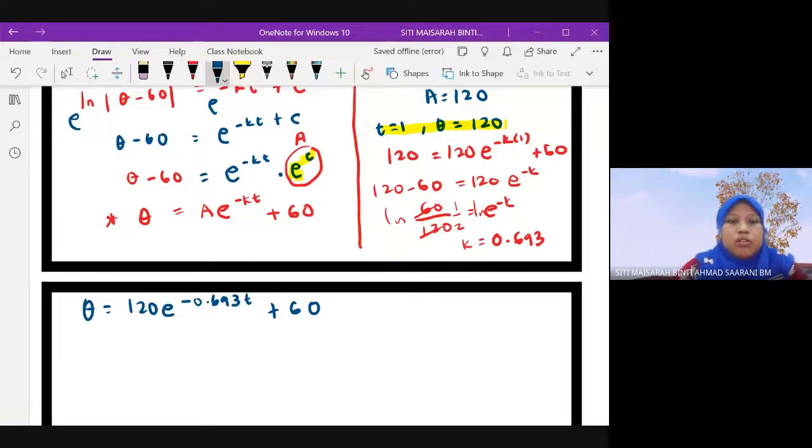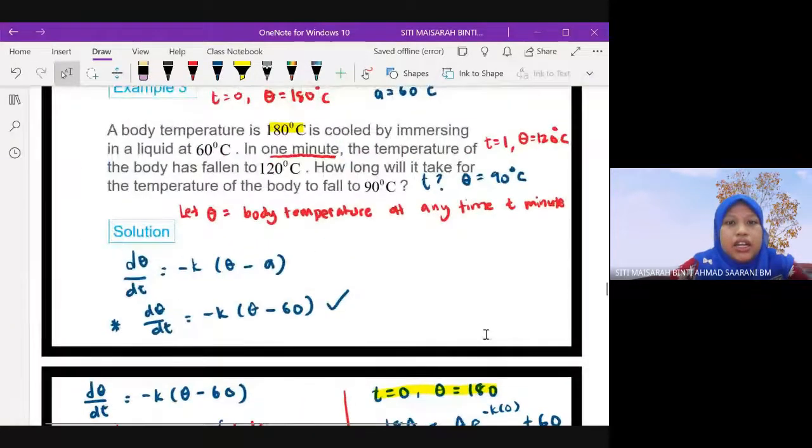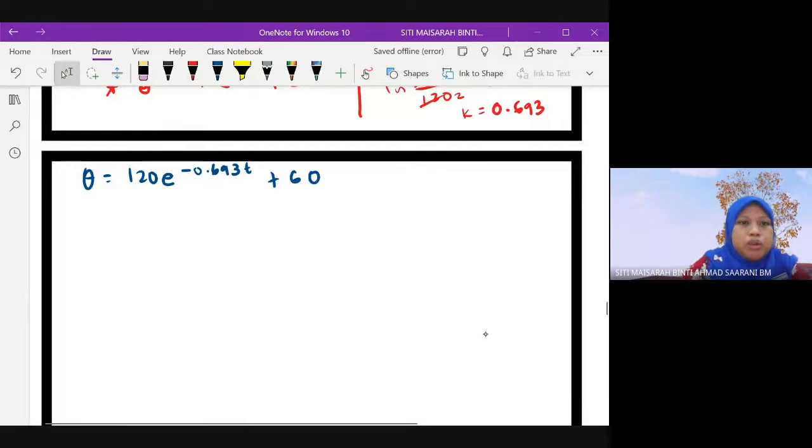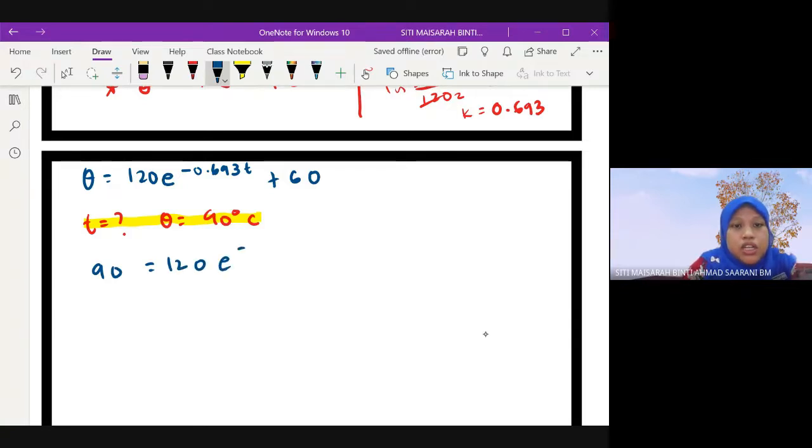Then we can answer our question. Our question is to find how many minutes until the body temperature becomes 90. So the question is to find T when theta equals 90 degrees Celsius. So substitute theta 90 equals 120 E to the power negative 0.693 T plus 60. So move the 60 first.